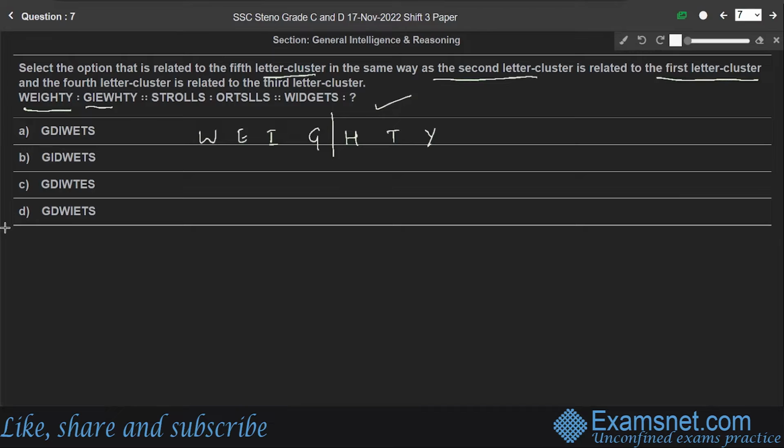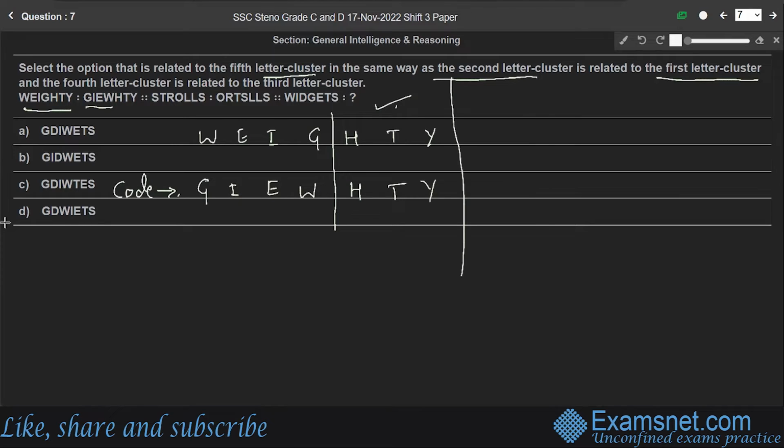So the first four letters are written in reverse order, that is GIEW. And the last three letters are written as they are in the code, HTY. Therefore, the code for weighty is like this.